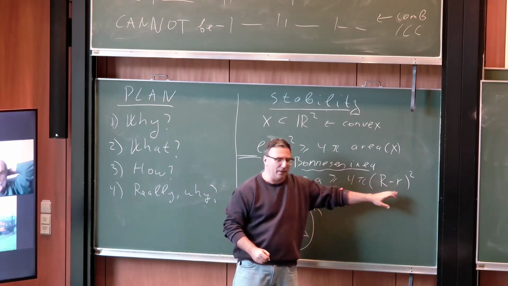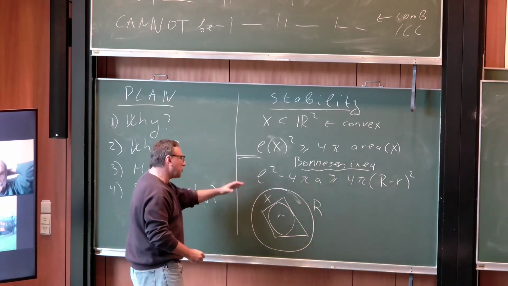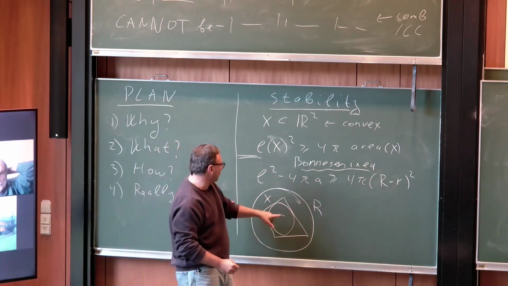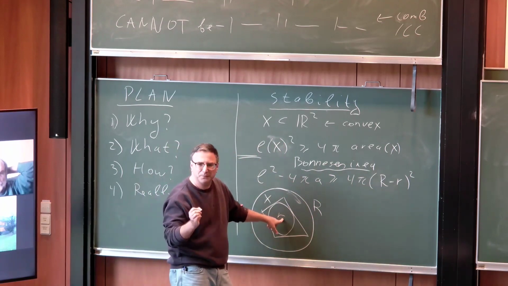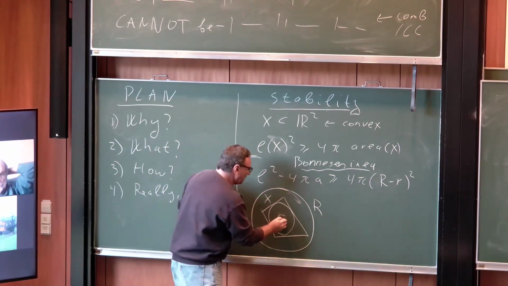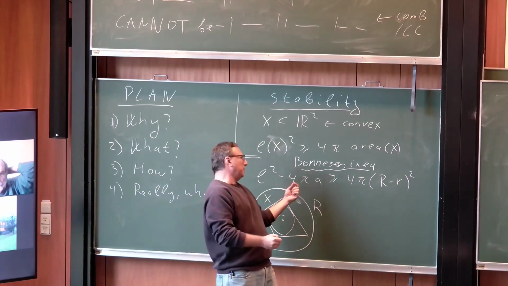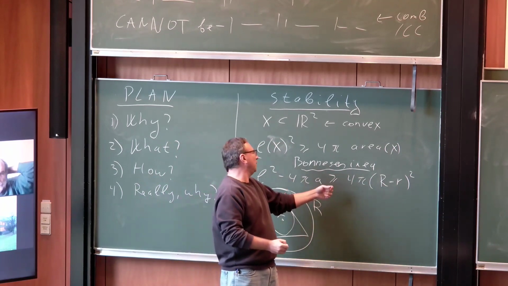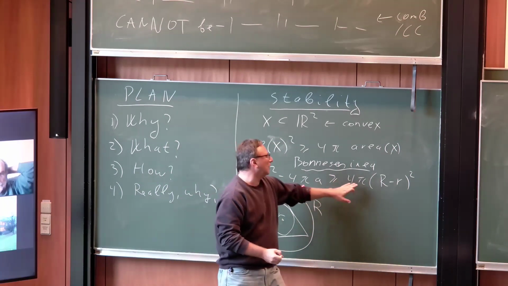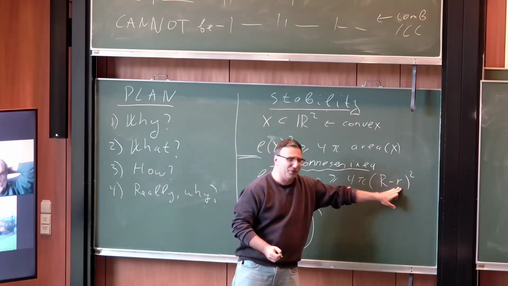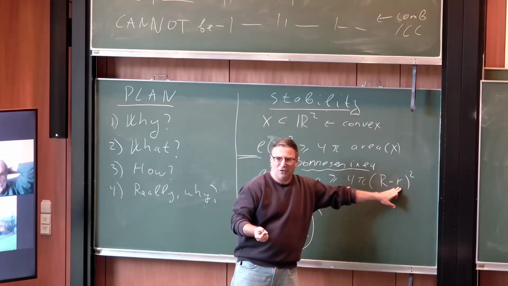Okay. And in fact, Bonnesen showed that you can make them concentric, so to have the same center. And that is quite surprising. But in particular, it shows that if you want this to be 0, that means big R is equal to little r, which means that your convex body is a circle.